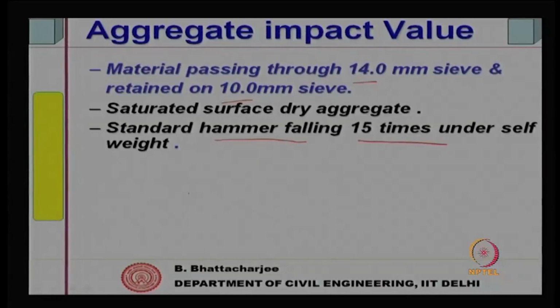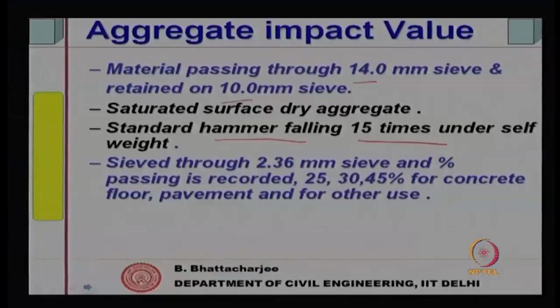You have a hammer which is lifted up and down, so under self weight that hammer mass falls through a standard height 15 times, and then you find out the percentage passing through 2.36 mm. You sieve it through 2.36 mm and the percentage passing is recorded.